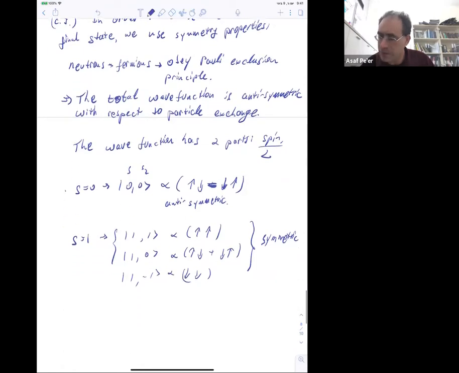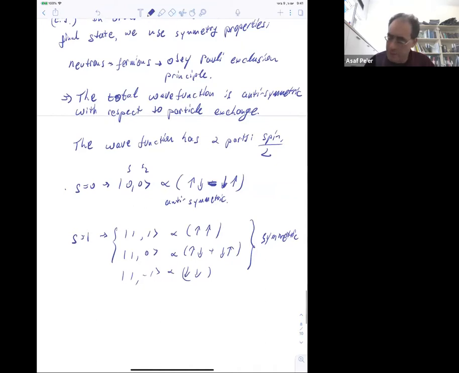What about the orbital angular part, or spatial part?